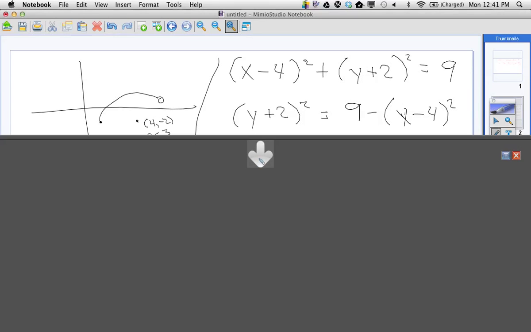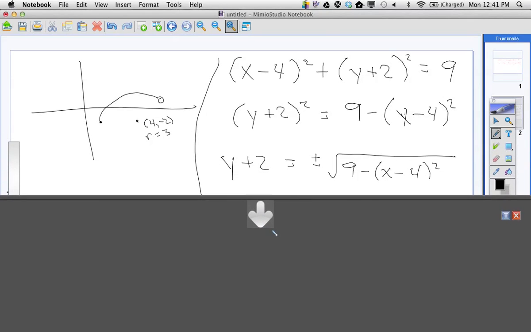Square root both sides, plus or minus square root. Now at this point you might decide which one of those you need. Which one? The plus, because it's the top half of the circle. That's not the whole half, but we'll take care of that later. If it was the bottom half of the circle, we would want the minus.